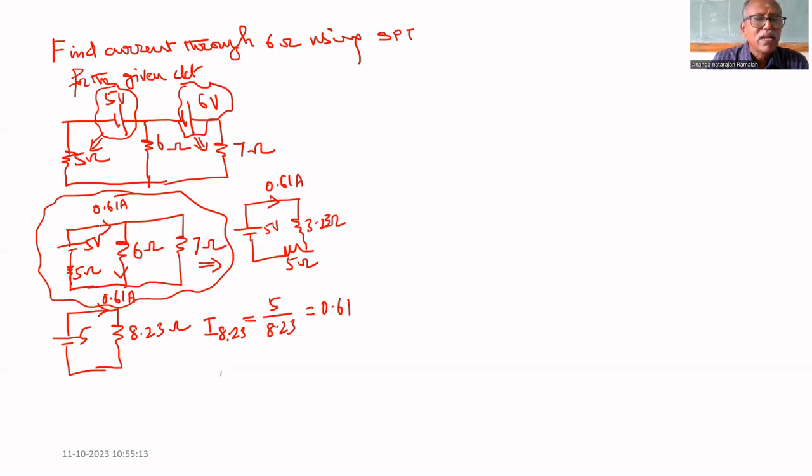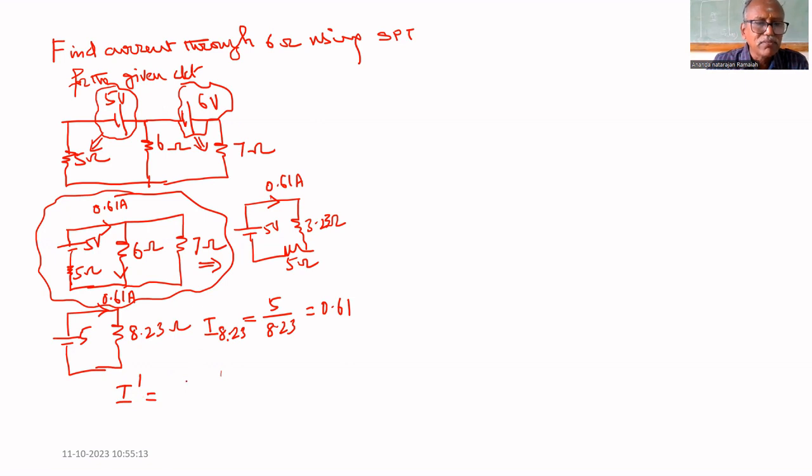Total current is 0.61, but it is divided into two parts. That's why we have to find the current through 6 ohm, I6 equal to I dash. I dash means considering the first source.